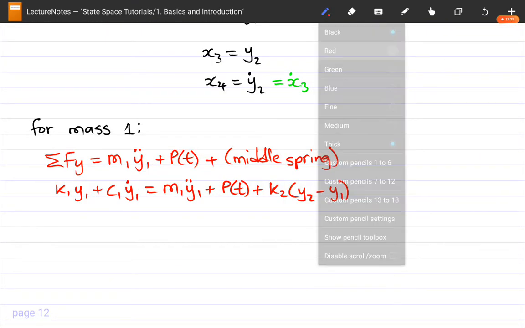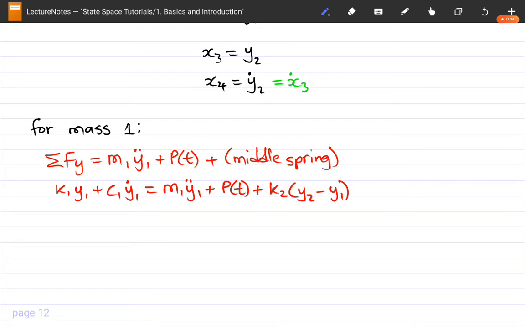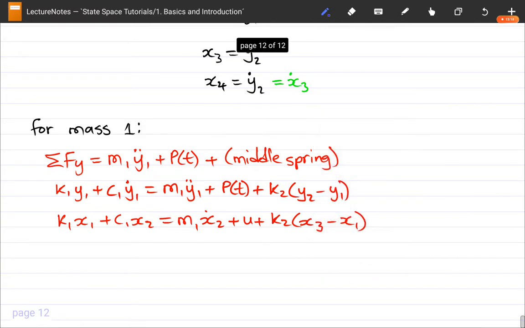So this becomes, using red again, and I'm going to skip some parts here, but for everyone to understand, it's K1 X1 plus C1 X2 equals M1 X2 dot plus U plus K2 times X3 minus X1.